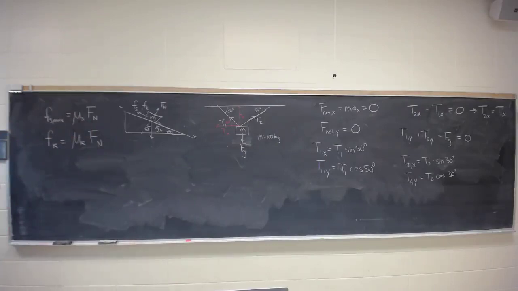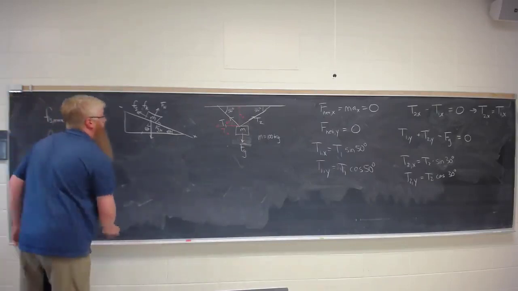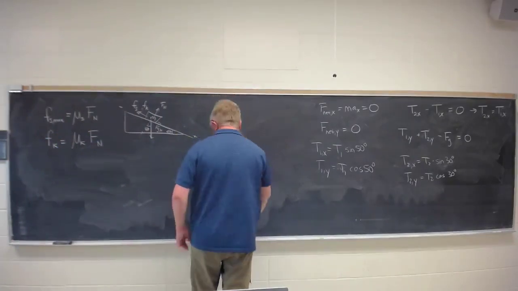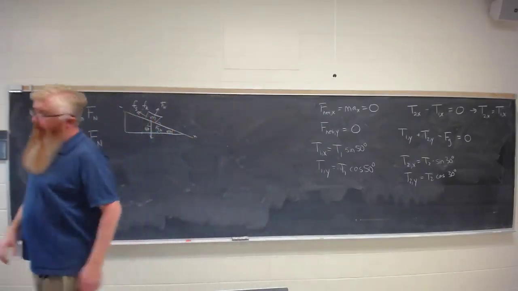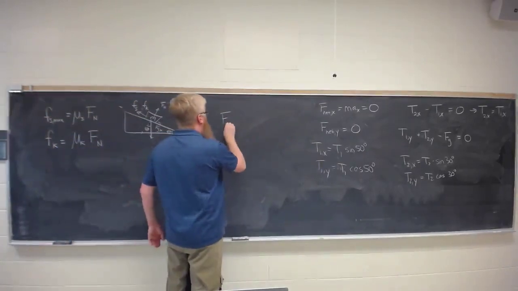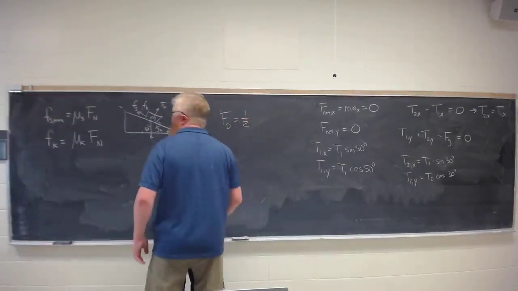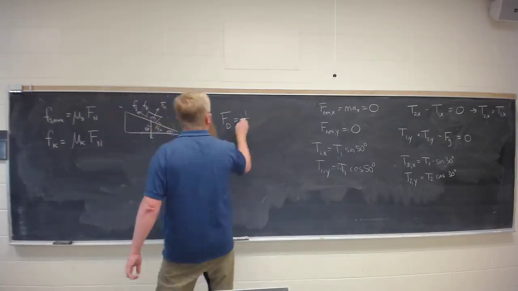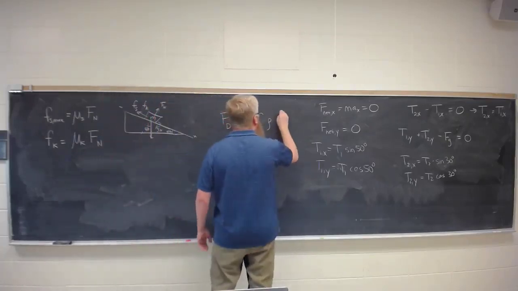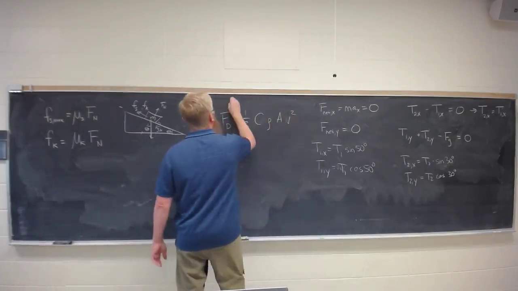The drag forces. Drag forces are tricky because they vary with speed, so they're not constant acceleration forces. So F sub d is 1/2 some coefficient times the density of air times the cross-sectional area times v squared.